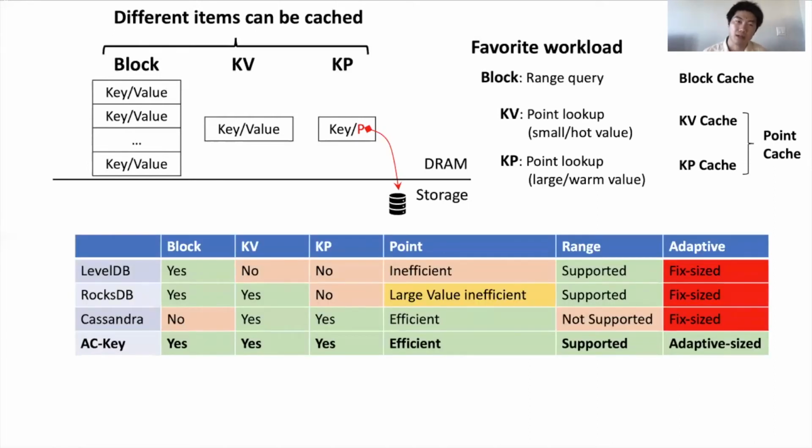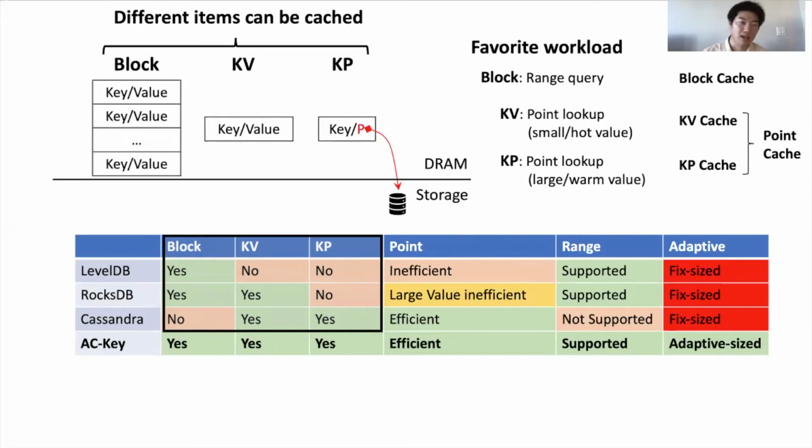Here we did a little survey about the state-of-the-art industrial solutions for the caching component. It turns out none of them support all three types of caching components. For example, LSM-DB only supports block cache, which means it can support range queries, but does not have efficient support of point lookup.